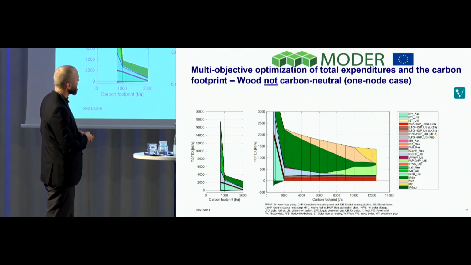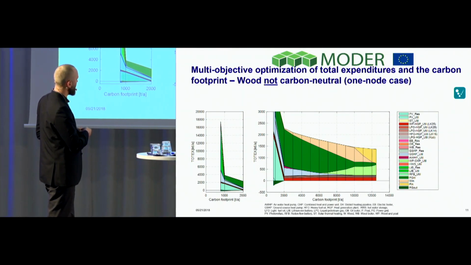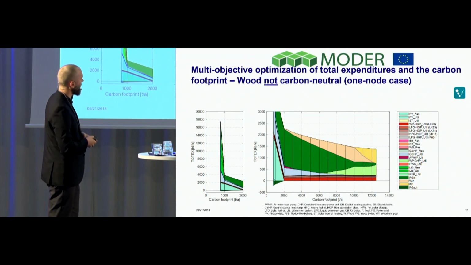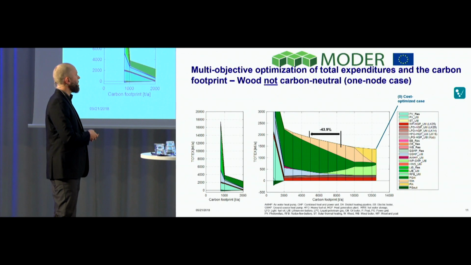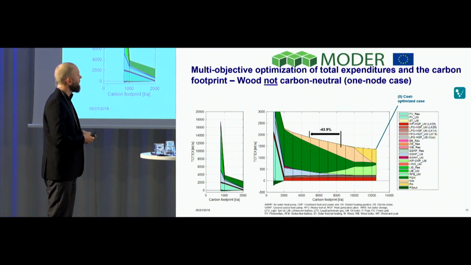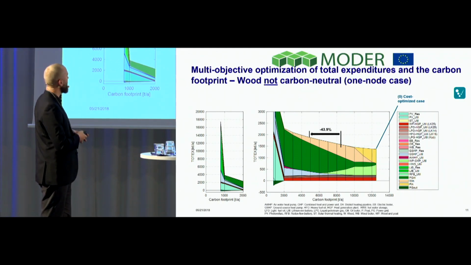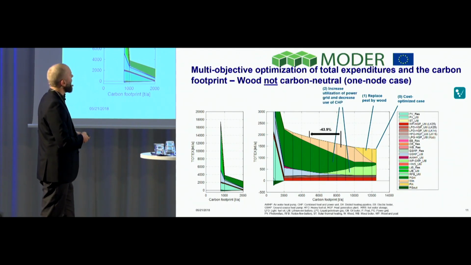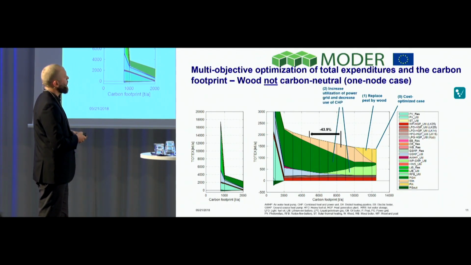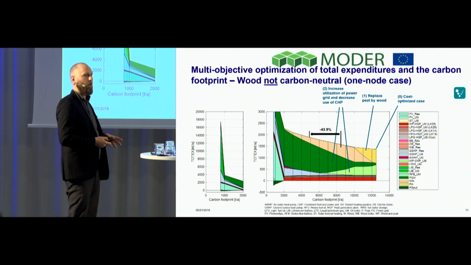Here is the production mix, how it will actually change when the optimization goes forward. So first we have this cost optimal scenario with the quite high carbon footprint. Then we replace peat by wood, we can see here. And this is our wood peat combined heat and power unit.